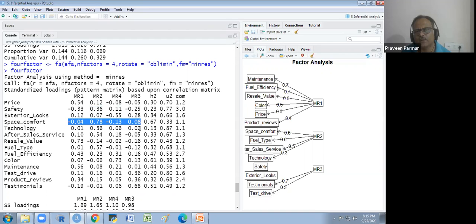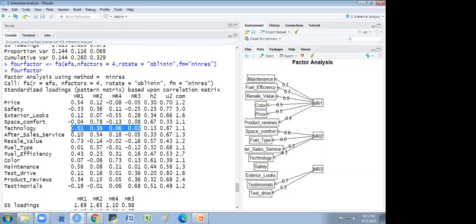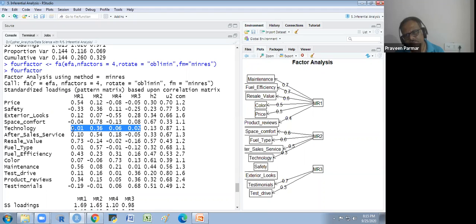If there is very high correlation, what does multicollinearity mean? I mean to say that you have many questions, and a few of them have high correlation between them. Okay, so they will merge into one factor if they are highly correlated.